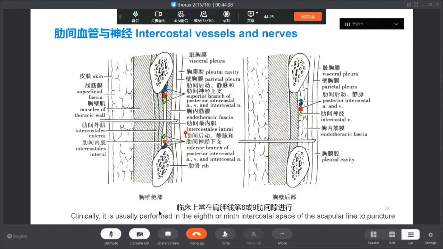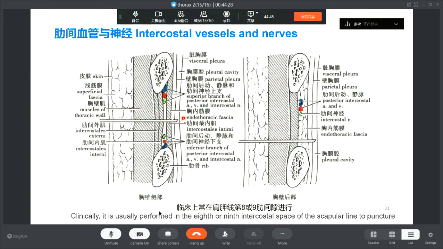What place do you use to locate it? We usually locate it at the central part between the two ribs, and use the needle to get into this part.